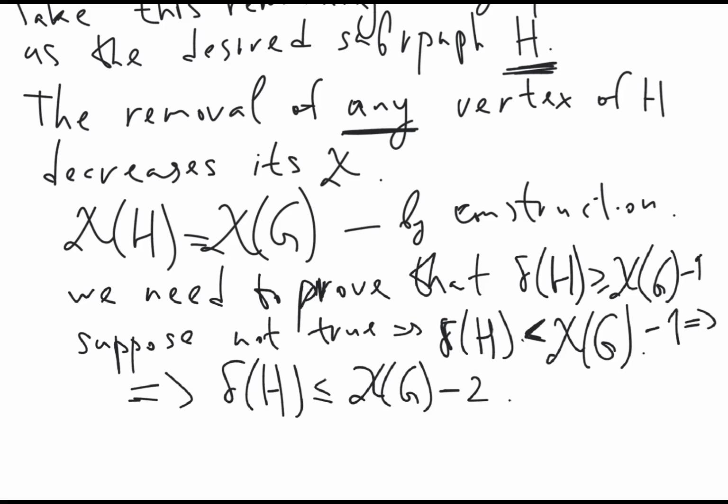Because these are integers, if an integer is strictly less than another integer, then it is less or equal than that number minus 1. So we subtract one more, and we get less or equal than chi of G minus 2.